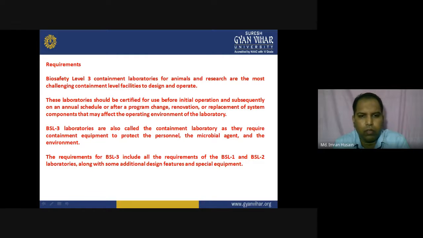The requirements for BSL-3 include all requirements of BSL-1 and BSL-2 laboratories, along with some additional design features and special equipment. So the design is very similar to the BSL-1 and BSL-2 facilities, but there are some more additions in the special equipment category.